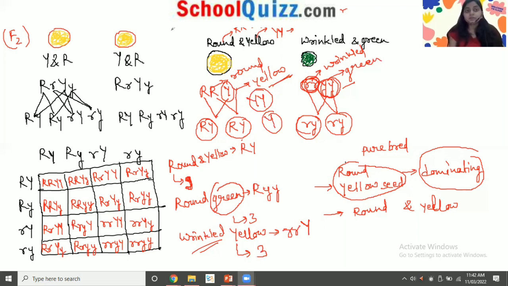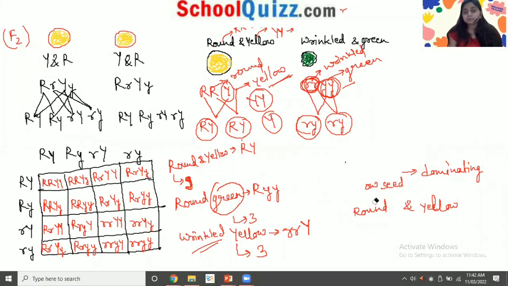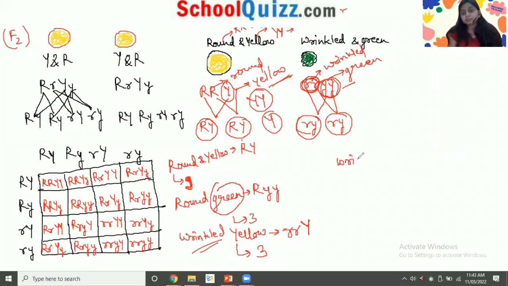Now for the wrinkled and green, what should be the combination? See here, the wrinkled and green both are the recessive genes.